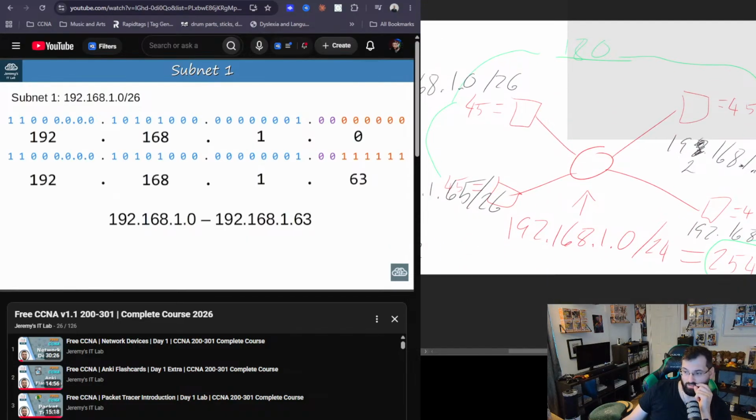Which means that this right here, let's do it in a gross color. Oh yeah, look how disgusting that is. This disgusting turquoise. Okay. So that means that this is going to be 64.